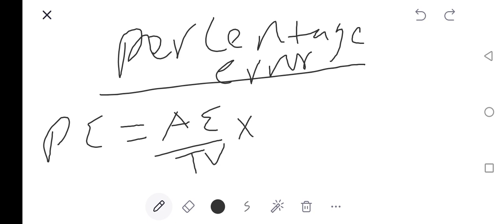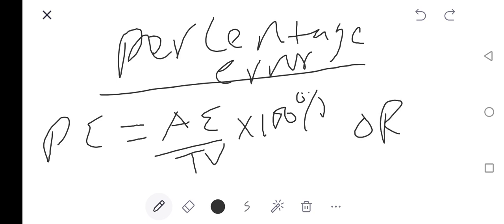There's what is called percentage error. Percentage error is equals to absolute error over true value times 100%.